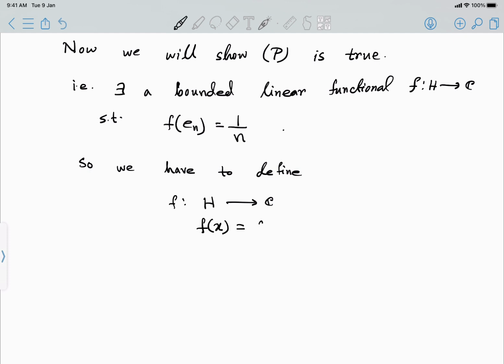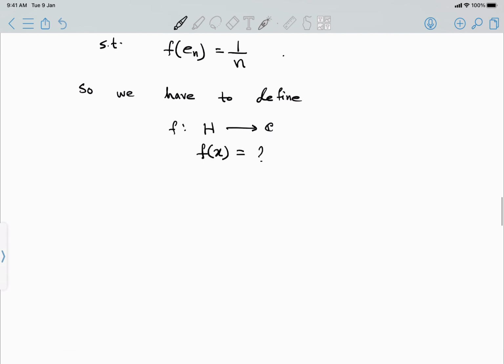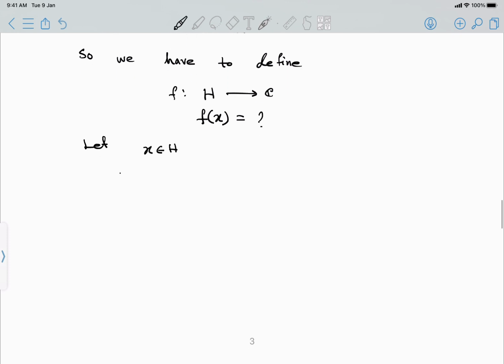So how to define? Let x be in H, and we know the En are an orthonormal basis, which implies x you can write as the sum of x inner product En times En, n belongs to natural numbers. Why can you write this? As the En are an orthonormal basis.